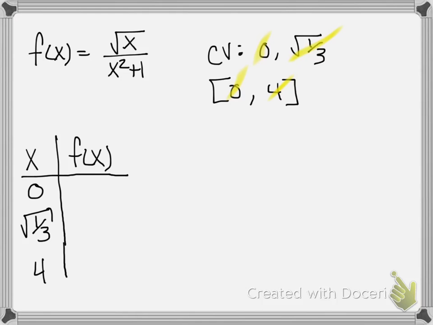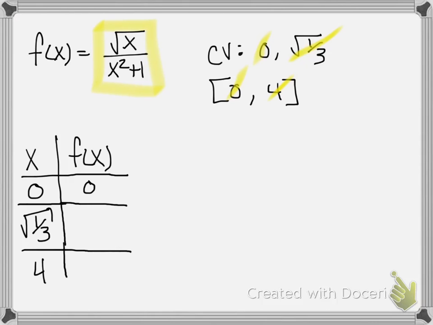So to figure that out, we just take whatever x value we're looking at, and we plug it into our function right up here, and see what we come out with. Whenever we plug in 0, we're going to have the square root of 0 over 0 squared plus 1, which is 0 over 1, which gives us just a nice 0.